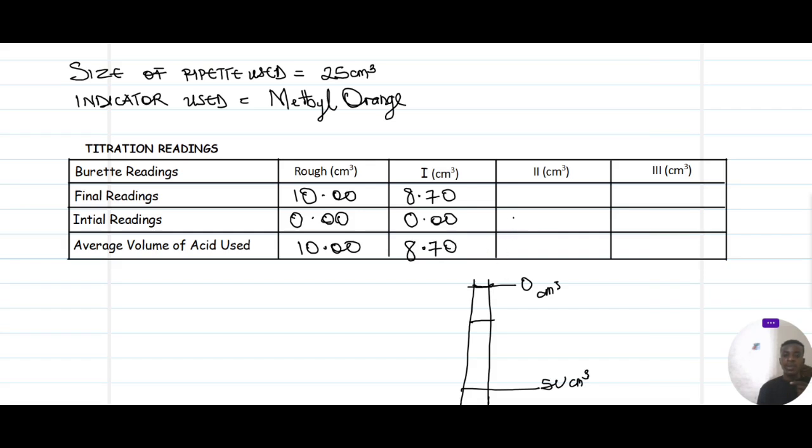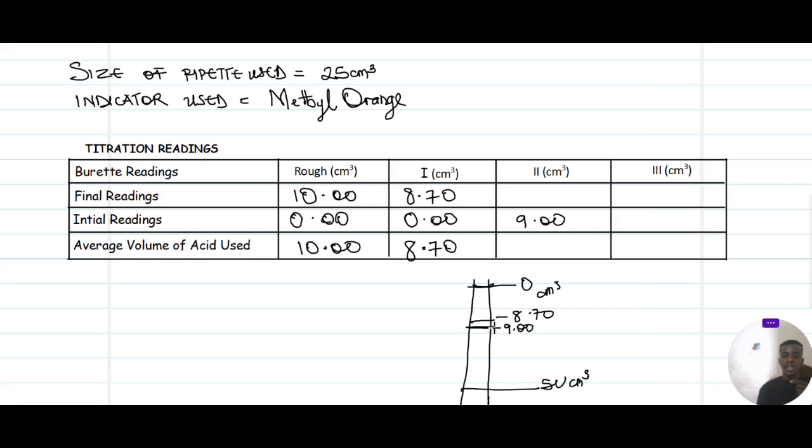You can decide to fill back to 0.0 and run it again, but it might consume your time. So if you want to avoid that, you can just drain it to 9.0 and continue from 9.0. That means after stopping at 8.70, just reduce it so that you start at the round figure of 9.00.